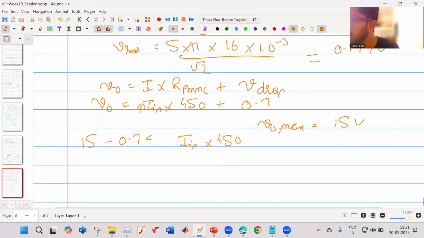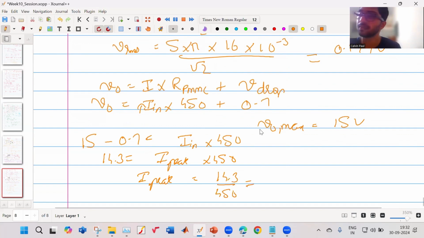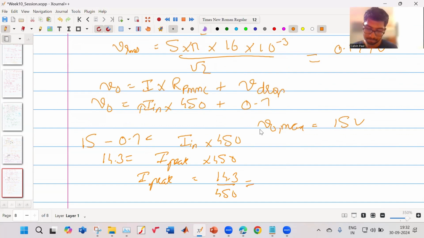So that is 14.3 equal to I peak into 450. So your I peak current will be 14.3 upon 450. How much is that? 0.031.